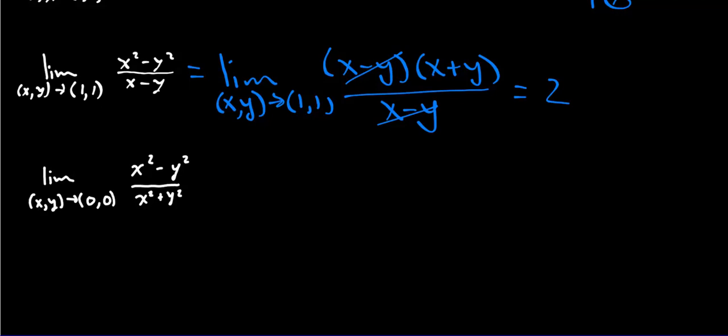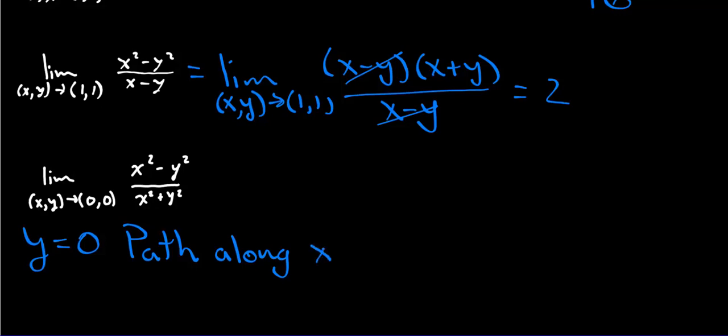Well, you could go along the x-axis. Just let y be 0. In other words, this is a path along the x-axis. So let's see where we end up when we go along the x-axis.